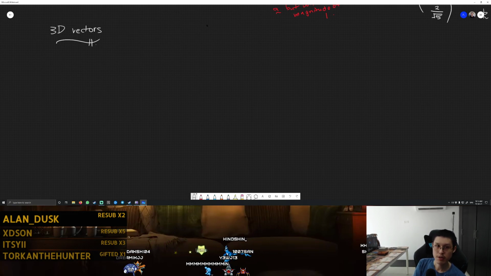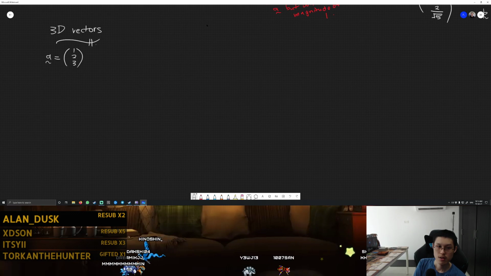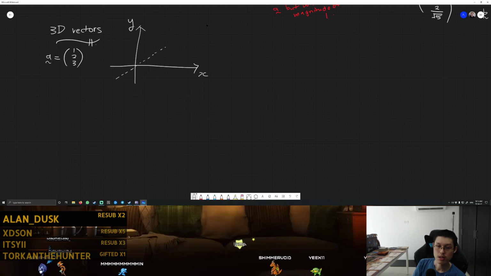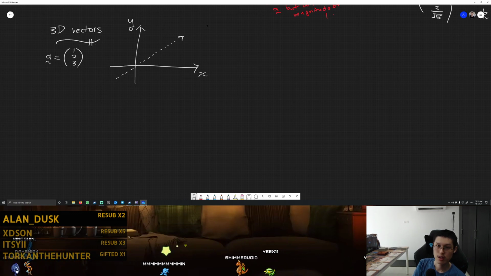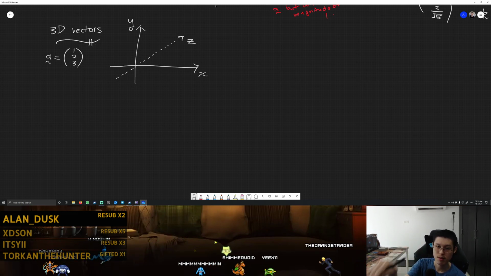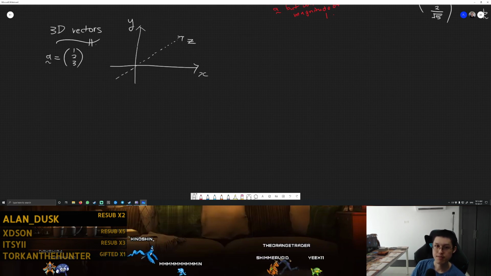So a three-dimensional vector kind of looks like this. Okay, so basically you have the first one is for the x direction, the second one is for the y direction, and the third one is going to be for the z direction. I can't draw a three-dimensional thing on a two-dimensional piece of canvas, but you're gonna have to imagine that z is going, you know, into the plane.